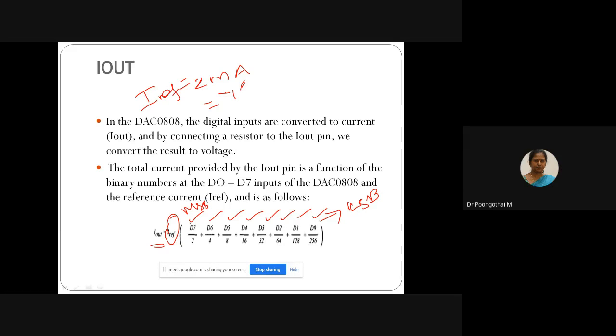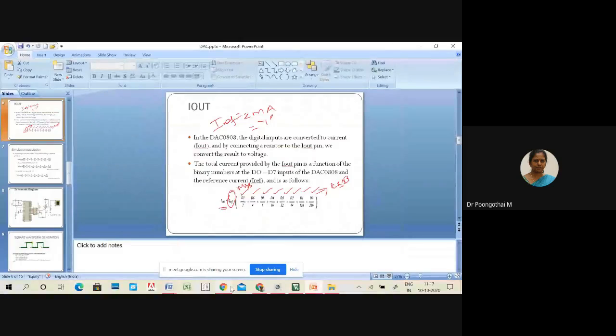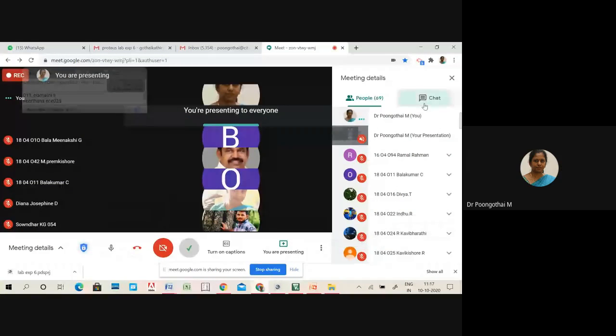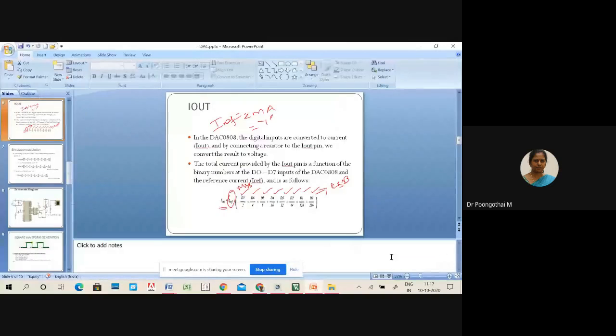So what is the answer? Please tell me. Please note down the formula. This formula is very important to calculate your I out value. So what is the answer?